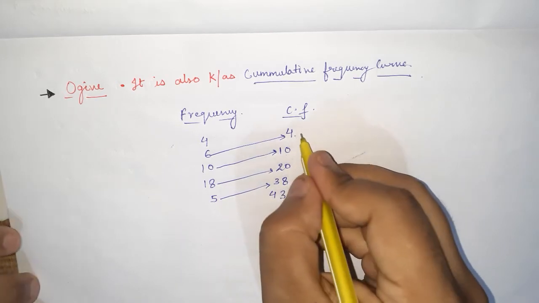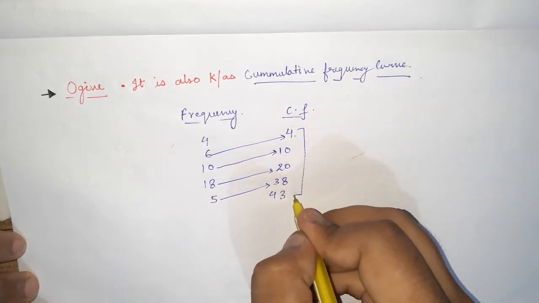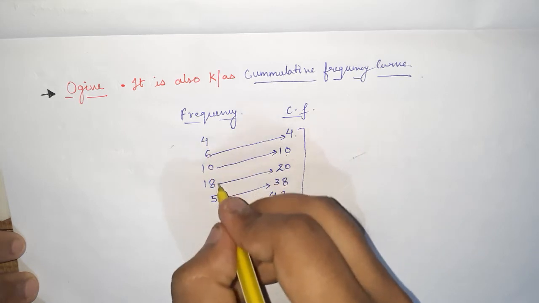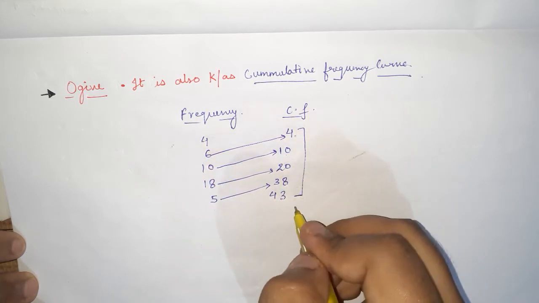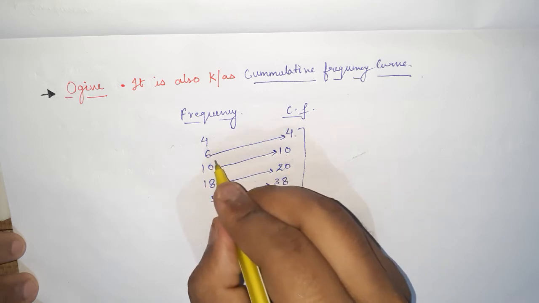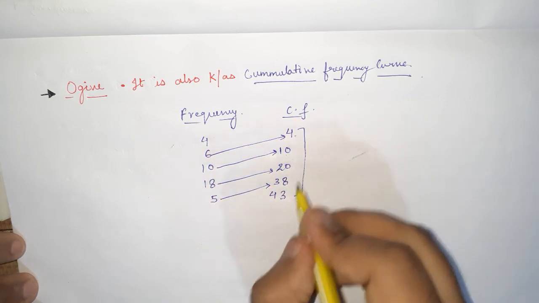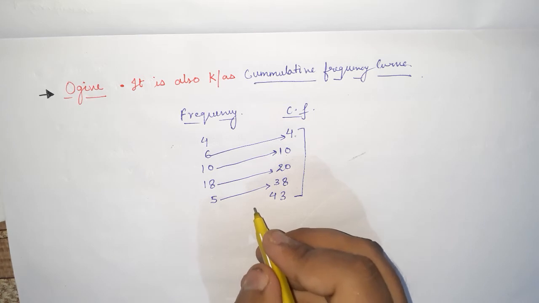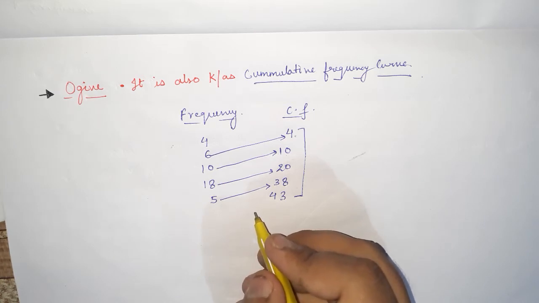So likewise we can see this is the summation of every next frequency, then it is called cumulative frequency. We are accumulating it, okay, totaling it up after every other frequency. So we got this. Now I hope you have learned how to calculate cumulative frequency.